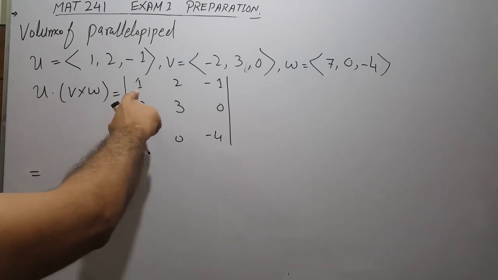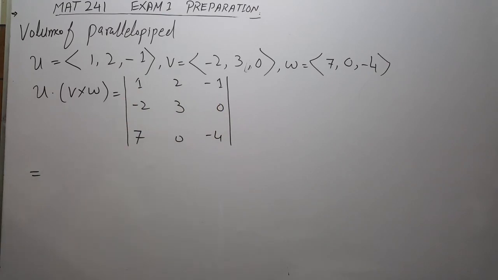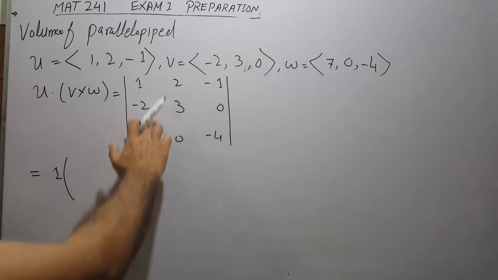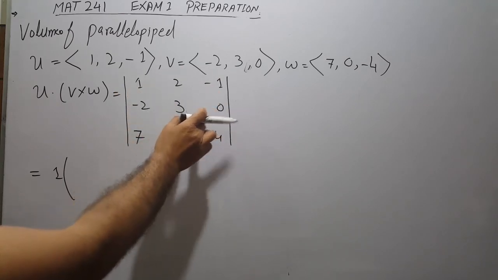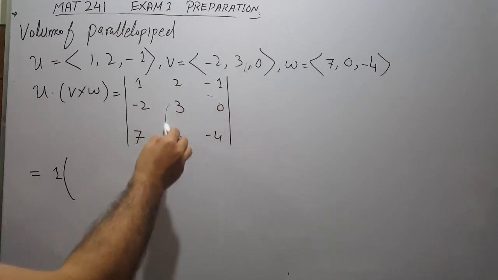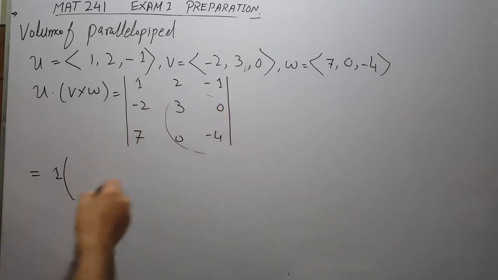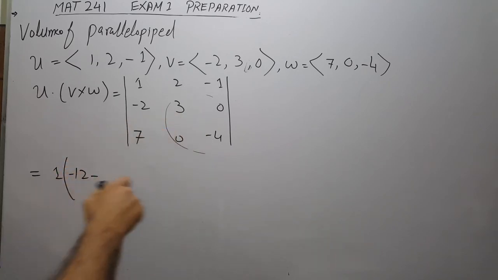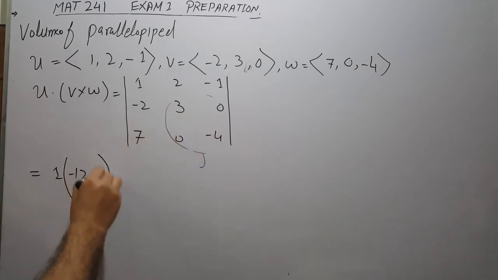So if I choose row 1, with respect to row 1, then we choose this one, and then we have to ignore this row and this column and find out the determinant of these two columns. So minus 4 times 3 is minus 12, minus 0 times 0 is 0.